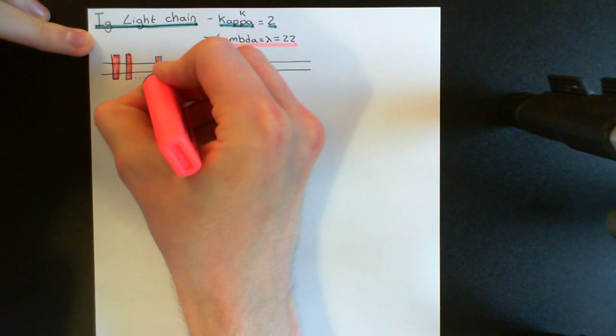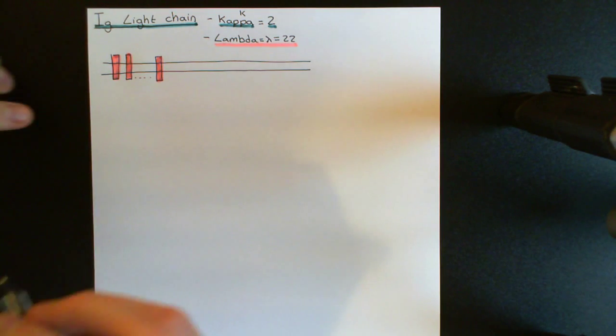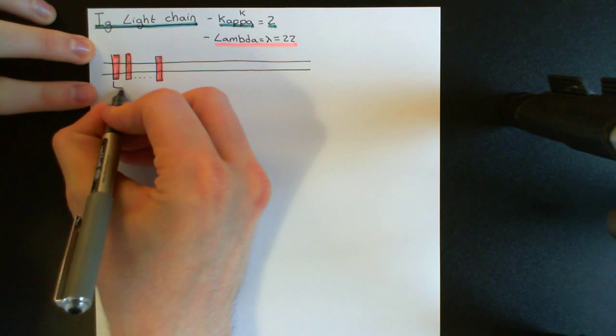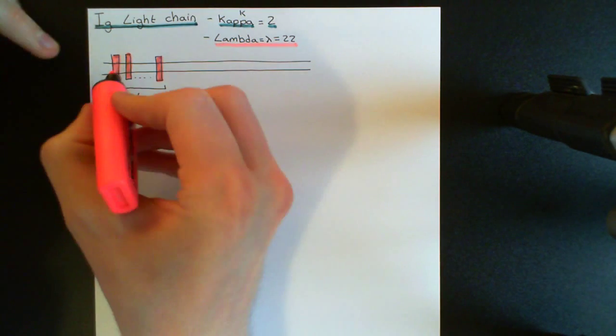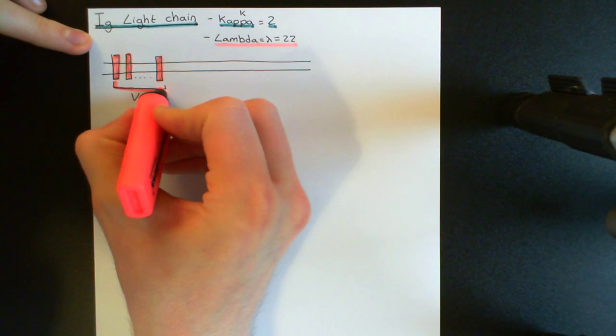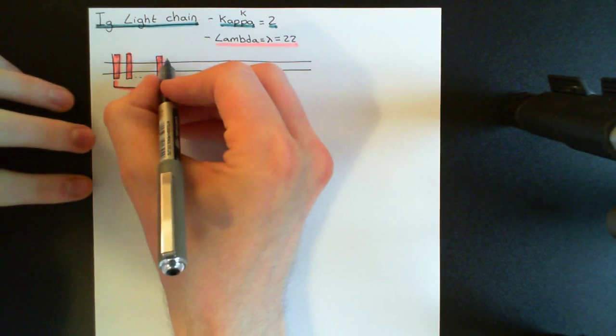So here, these in red are representing the variable gene segments of the immunoglobulin light chain kappa locus. So I'll just underline this. So this is our variable gene segment section. Next, of course, we're going to have our joining gene segment section. So I'll put these in here.